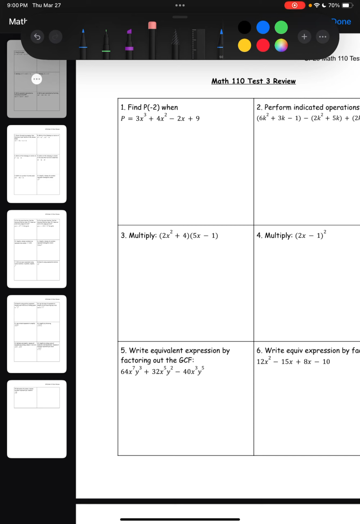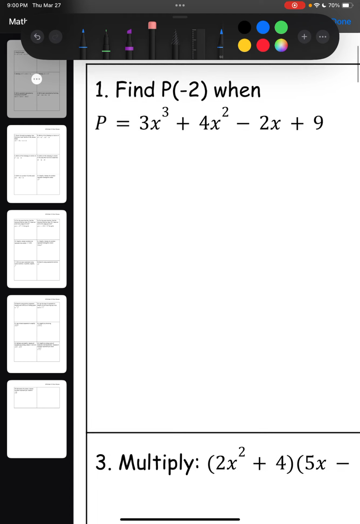We're just going to jump in on number 1. It needs us to find p of -2, so that basically means we're going to plug in our x with -2. Every time we see an x, put -2 there.